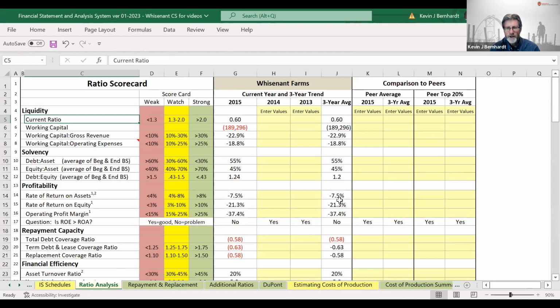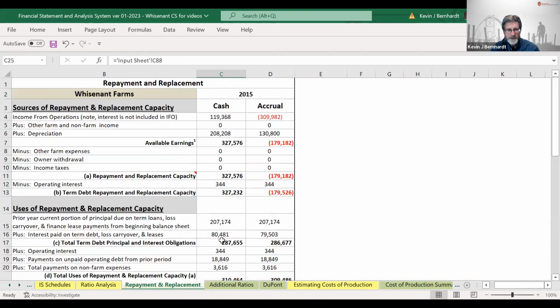So an important one for doing the analysis is doing the ratio analysis for the ratio scorecard. We'll talk more about this later in a separate video, but a lot of this information is automatically created from the information you've already completed in the financial statements. There's a tab for repayment and replacement. There's no user entry required here. It's all automatically done.